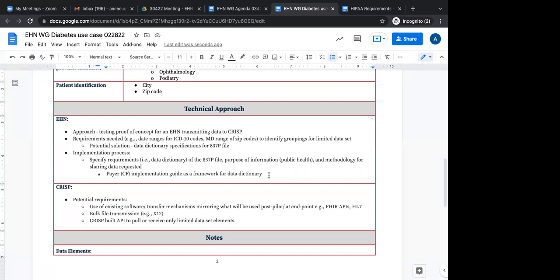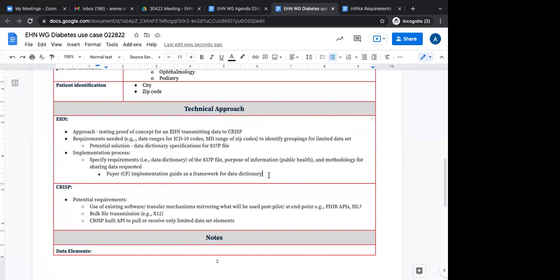Yeah, and again, I would say that having the outline of what exactly the state would be looking for would be important for payers to also be able to review from a legal perspective what they would be able to share. Again, there are lots of different members to consider.